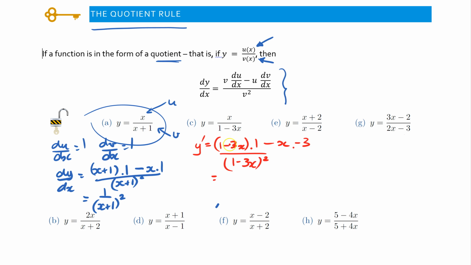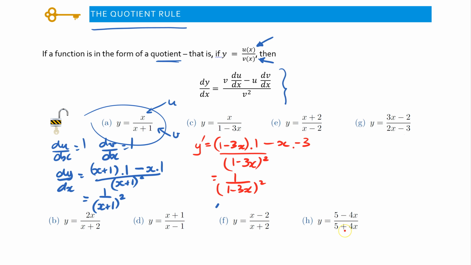So I've got 1 minus 3x, and then these two multiplied together will be plus 3x. So again, it doesn't always work out to be 1, this is just a coincidence. So it becomes 1 over 1 minus 3x all squared.